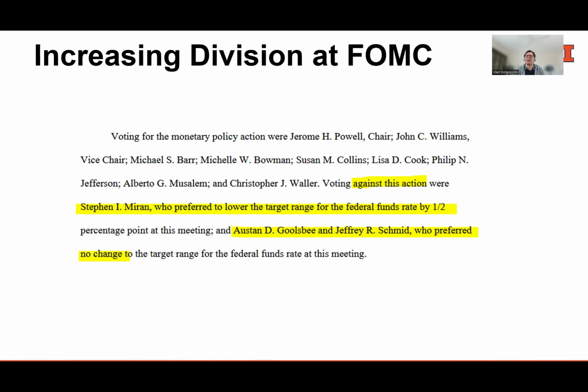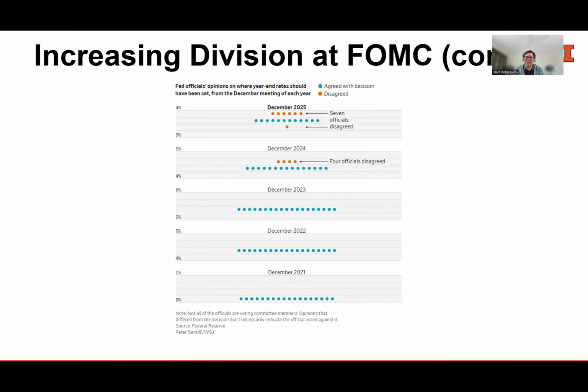This is much more of an employment dove, I guess. And then at the very same time, a couple of guys, Austin Goolsbee and Jeffrey Schmid, are saying, yeah, we shouldn't be changing rates. So these are the folks who are probably more of inflation hawks, right, who are looking for that. And so something like this is really, really unusual, right?